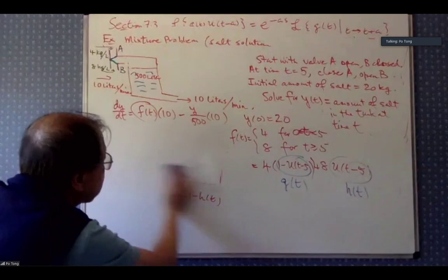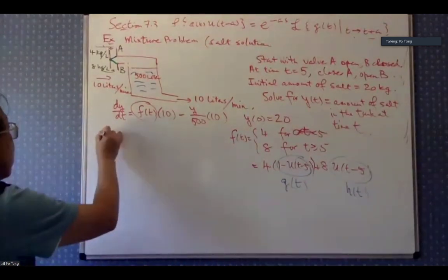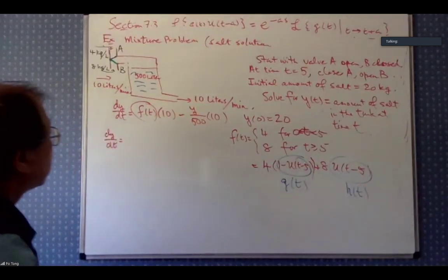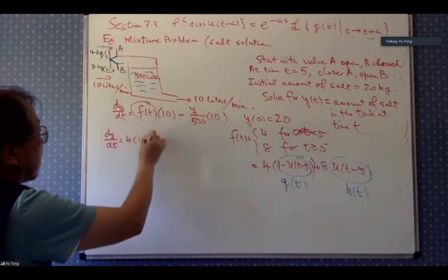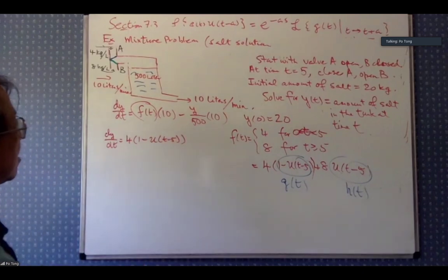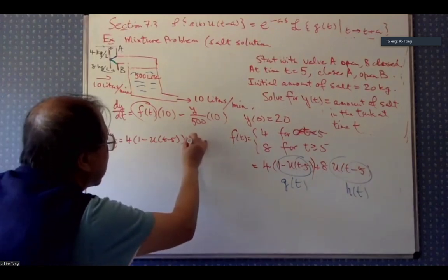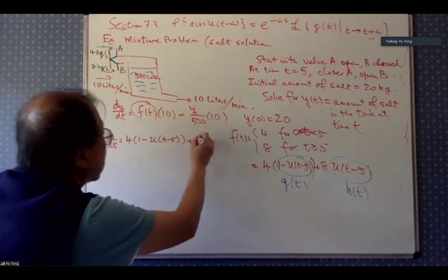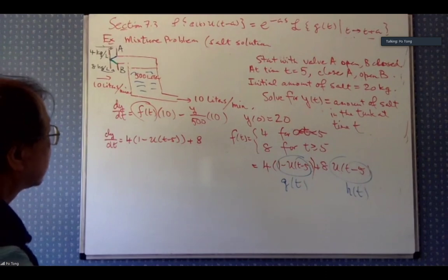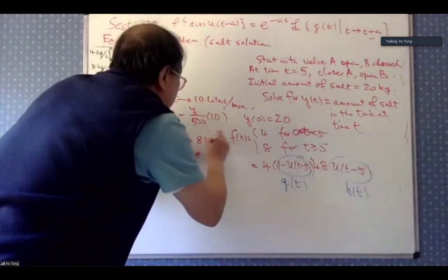So here, my equation actually looks like this now. dy/dt equals 4 times (1 minus u(t minus 5)) plus 8 times u(t minus 5).